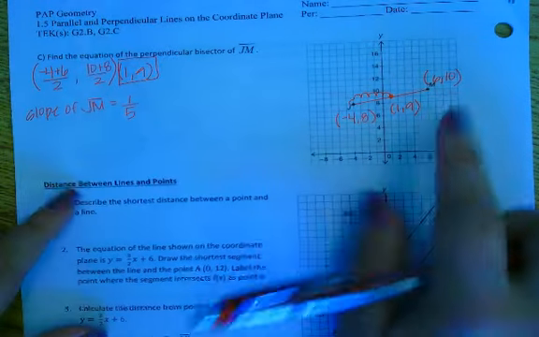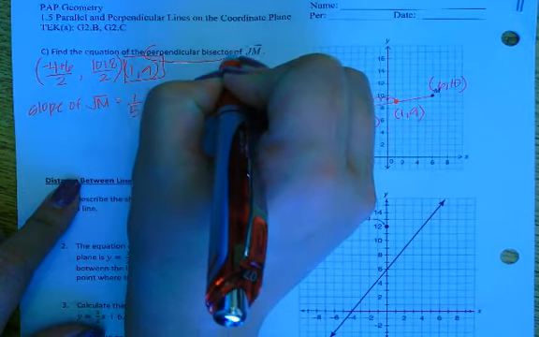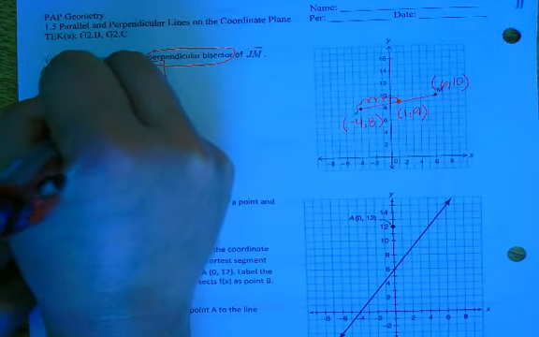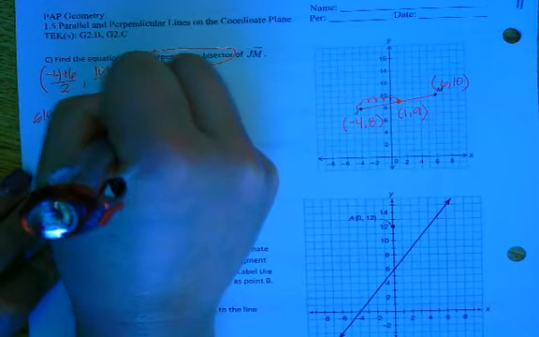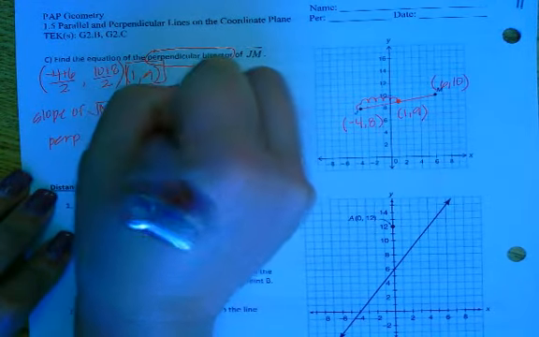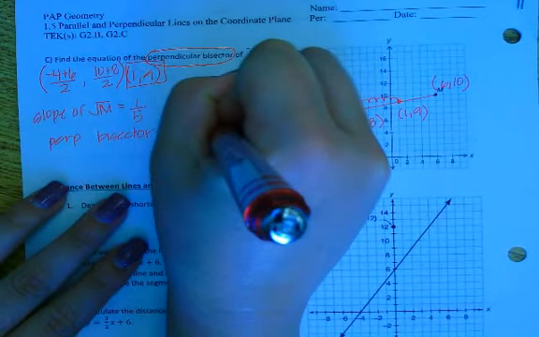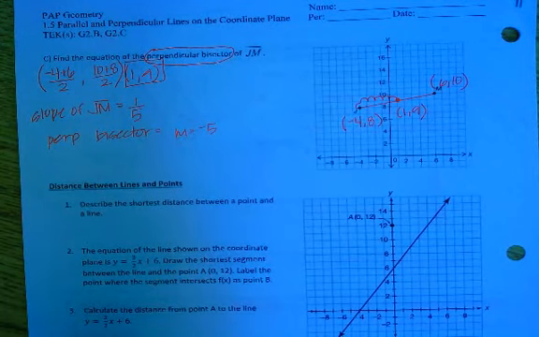We have the slope of our existing line, we have the midpoint, and we want the perpendicular bisector. Opposite reciprocal, so our perpendicular bisector has a slope of what? -5. Okay? So now we have a slope. Now what?